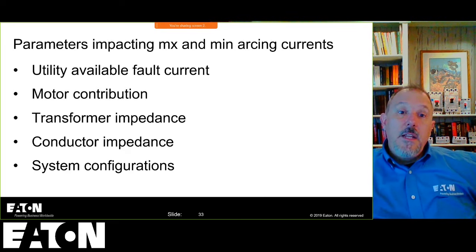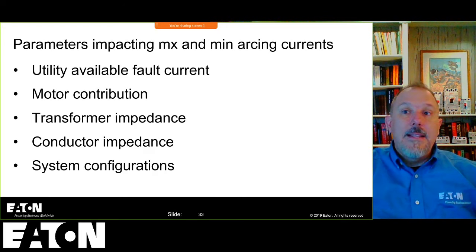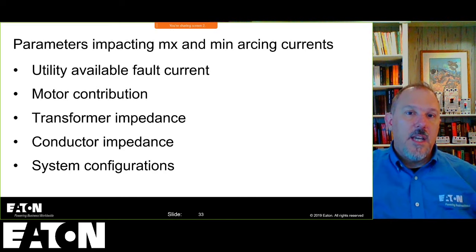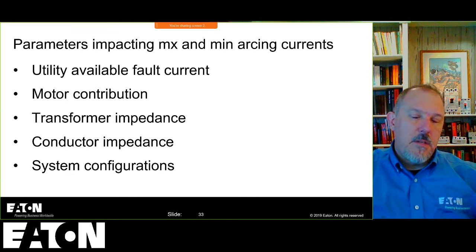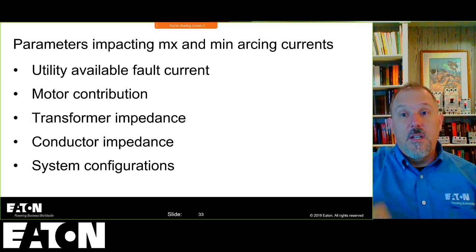But you need to figure out, for example, double-ended switchgear. If you operate at any time with that tiebreaker on, you need to figure out what the worst case is. Maybe both utilities on at the same time. Or maybe the worst is when you only have one utility on, and maybe it's the weakest source utility.